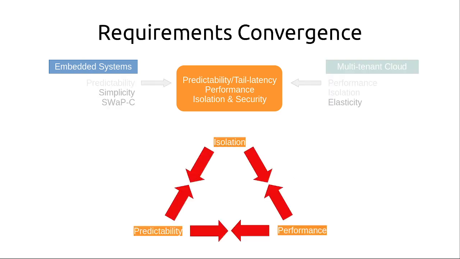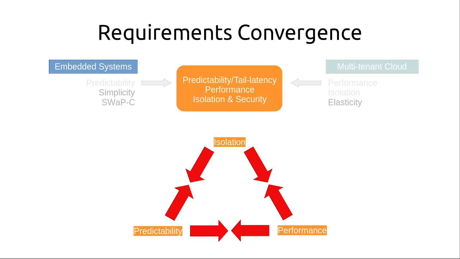Now, the problem with this is that when we start having all three of these things in the same system, be they in embedded systems or be they in the cloud, we have a very difficult system design optimization. When we're implementing our operating system, we need to say, I need strong isolation, but I also want performance. But these are contradictory to each other in many cases, because isolation requires protection domains, performance requires efficiency, right?